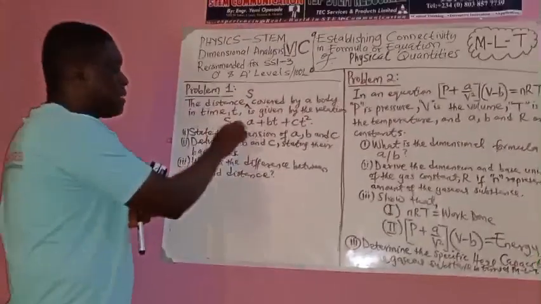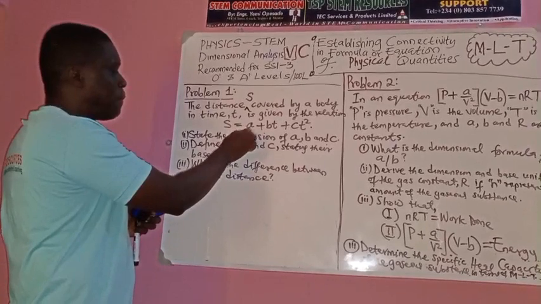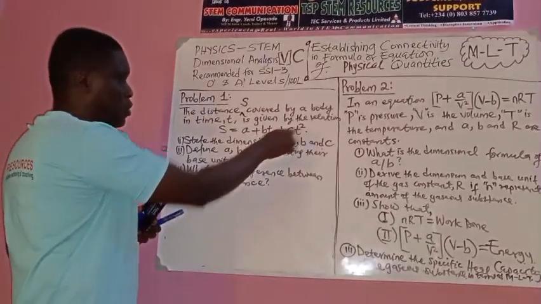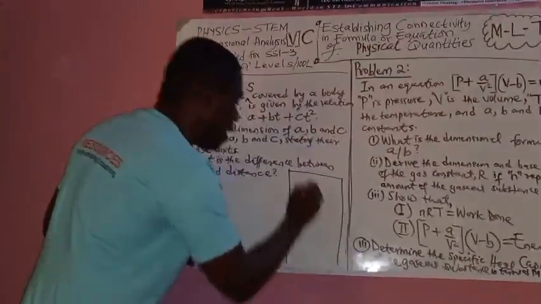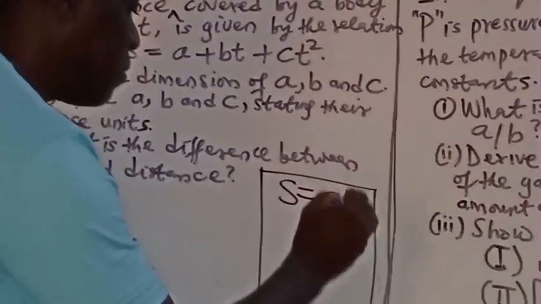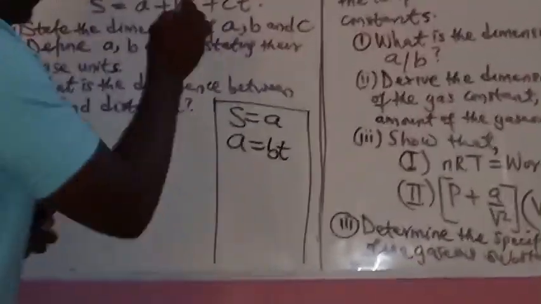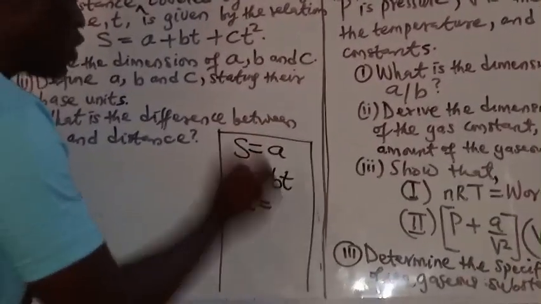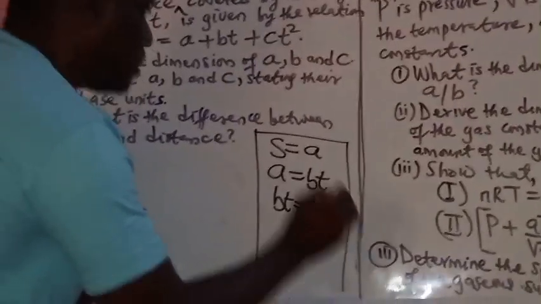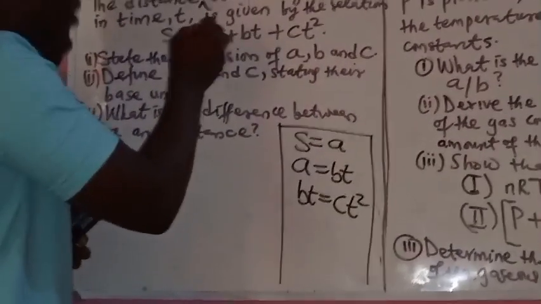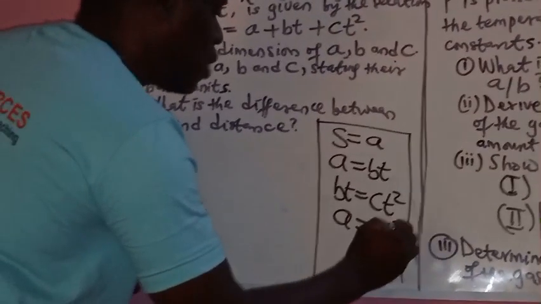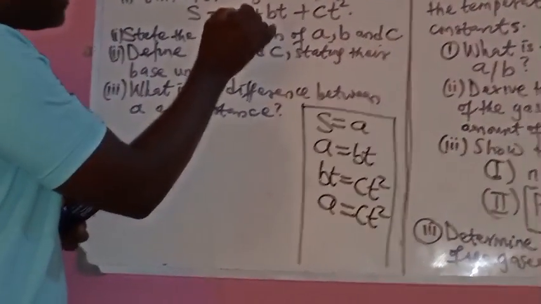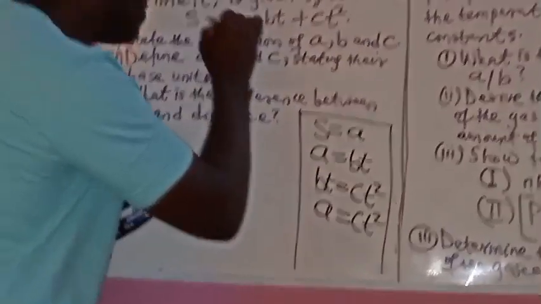So it means that if you look at this, for x to be equal to a plus bt plus ct squared, for what I just explained now, it means that this x is equal to a, this a is equal to bt, this bt is equal to ct squared, and this a also is equal to ct squared, because by the virtue of being joined by addition, that means they have something in common.